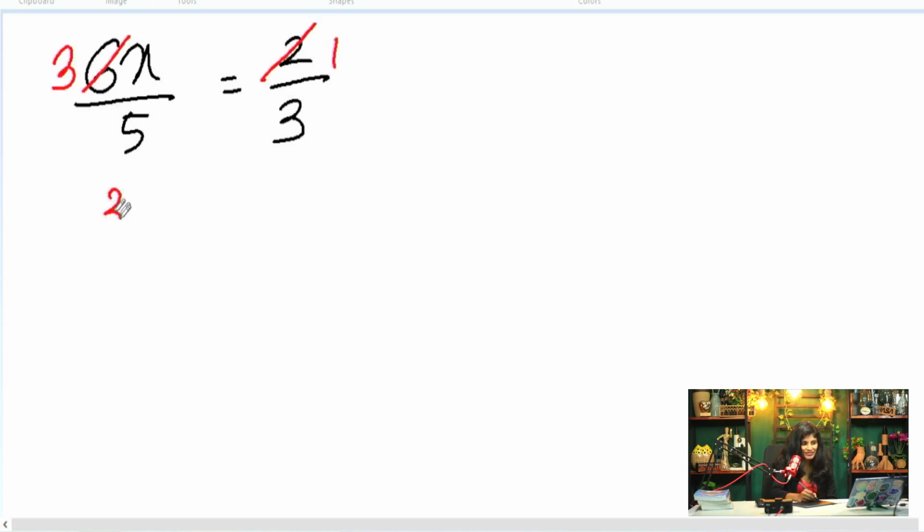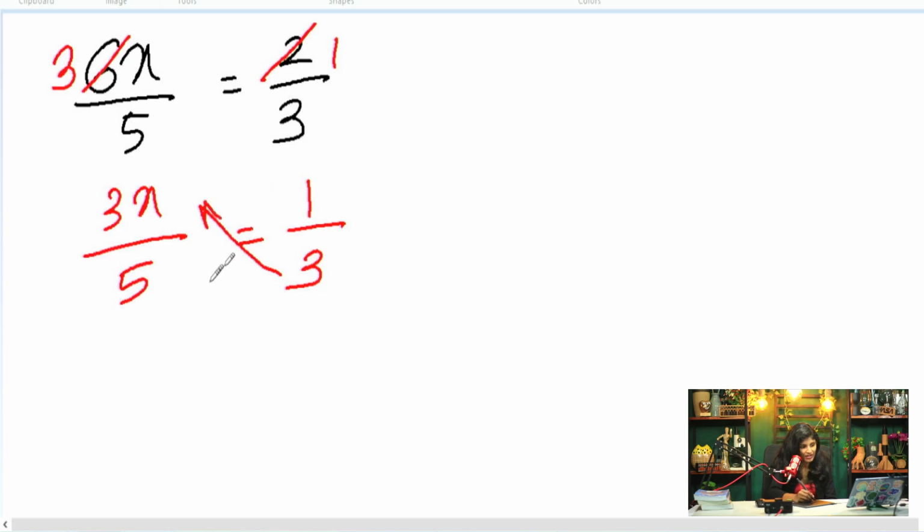Okay, so it's 3x over 5 equals 1 over 3. A little bit simplified. And what I'm going to do is carry the denominator here to the numerator and 5 to the other side. Okay, 3x multiplied by 3 equals 1 multiplied by 5.